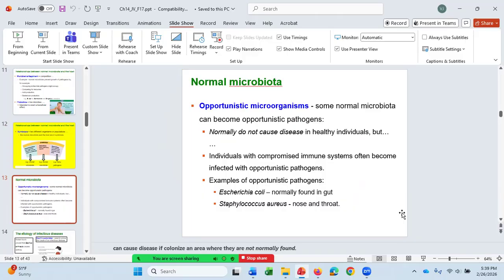All right. The normal microbiota does not normally cause disease. Normally, in a healthy individual, the normal microbiota does not cause disease. However, it can cause disease under certain circumstances. If the normal microbiota does cause disease, we call it an opportunistic microorganism, one which can cause disease at least under certain circumstances.